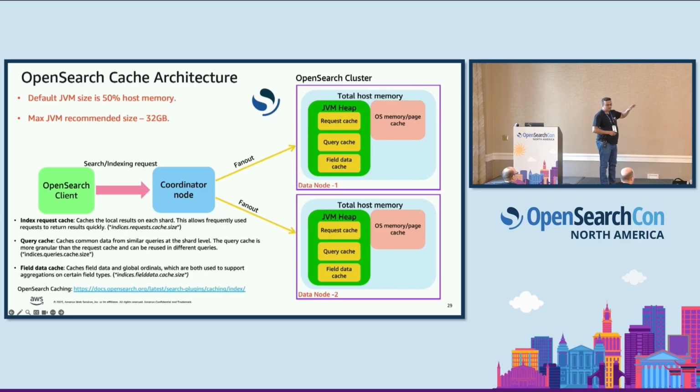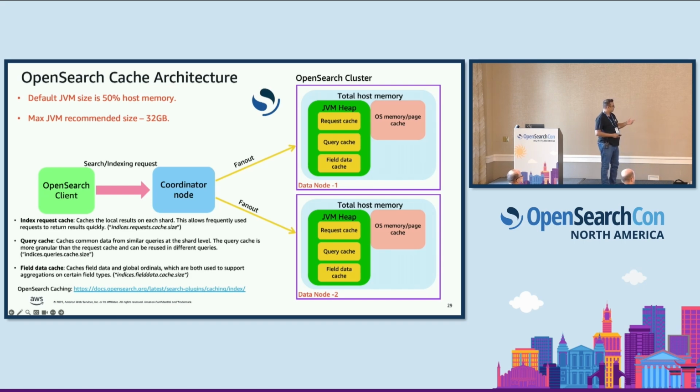Within the JVM, we have mainly 3 different caches. One is a request cache, where frequently used query results are stored so that when the same query comes again, it can be serviced quickly. Then the query cache, where similar query data is cached so that when a similar query comes, it can be given quickly.